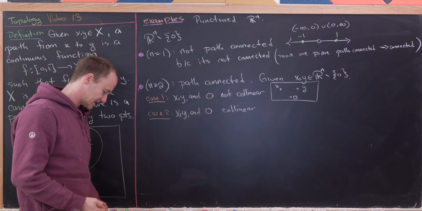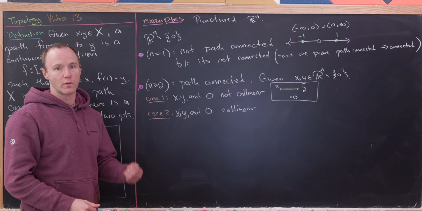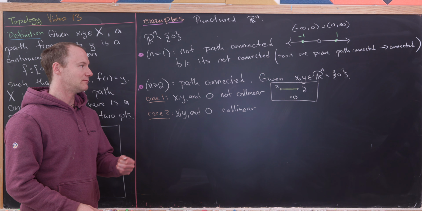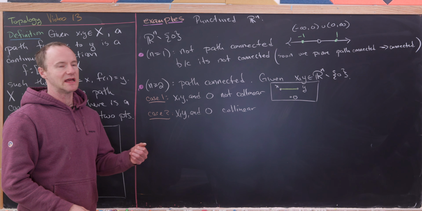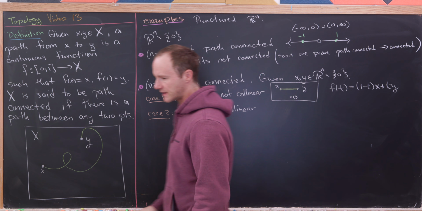But now observe that here we can just take the line segment from X to Y, and since 0 is not collinear with X and Y, that means 0 will not be on that line segment, meaning that line segment is totally contained in our punctured space. And we can take the same parameterization of the line segment that we had before. So perhaps it would just simply be f of t equals 1 minus t times x plus t times y.